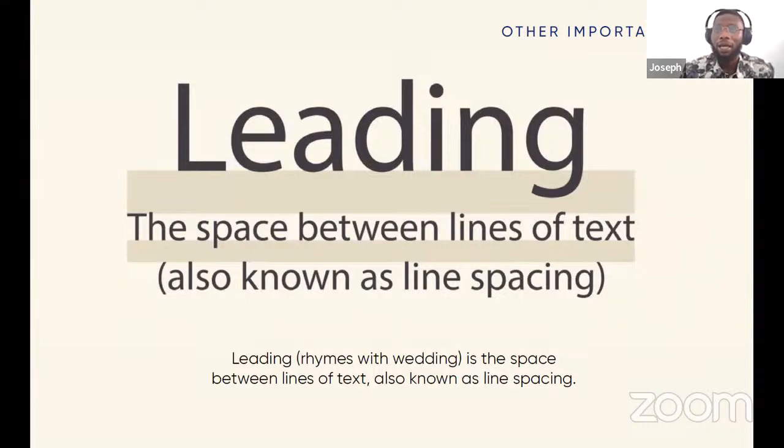Line spacing. And I also told you that this is very common in Microsoft Word. So if you type, even in your Google Doc, you come across line spacing. You don't have to be a designer to come across line spacing. As long as you're working on a document, you get to use line spacing.